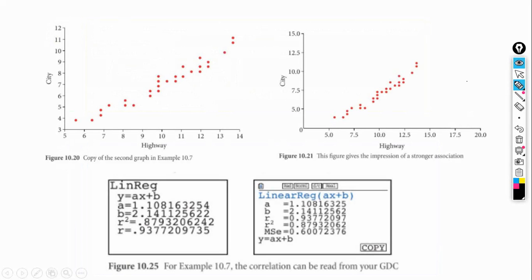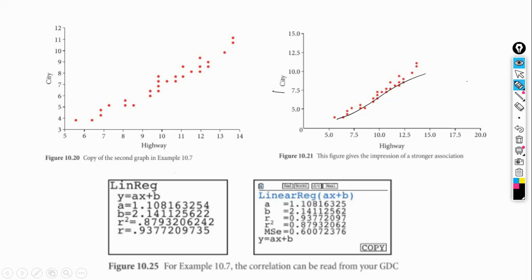So here we are again with those two scatter plots, where the scale for the city is changed on the one to the right, and it gives the impression of being a different scatter plot, with the data points closely clustered together.